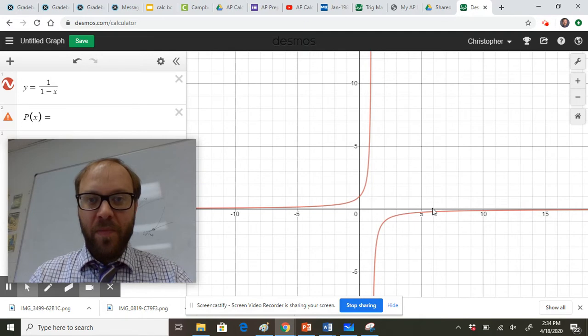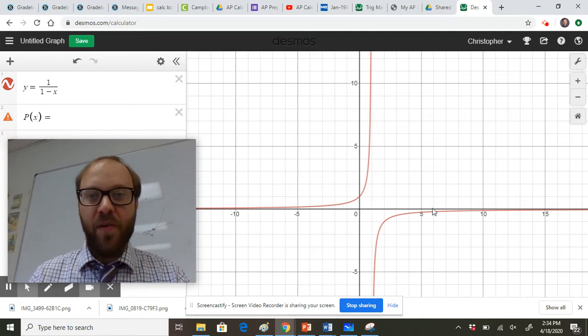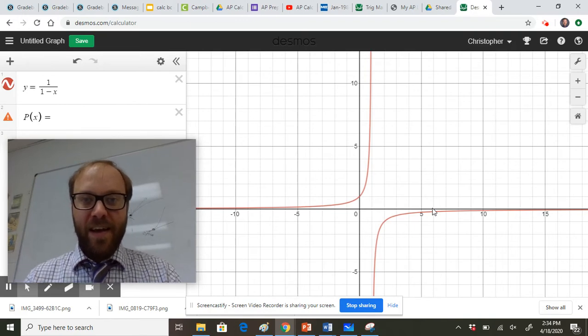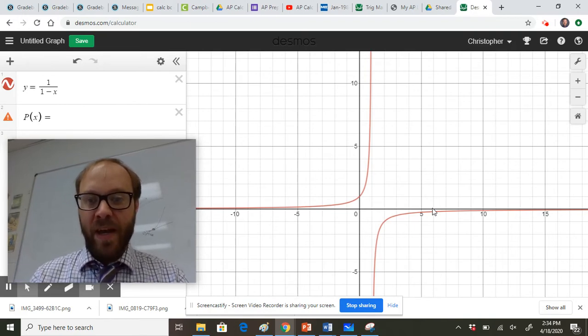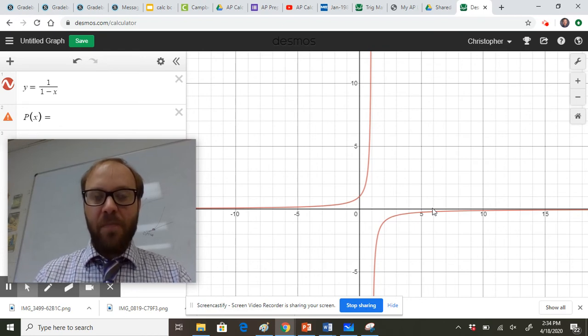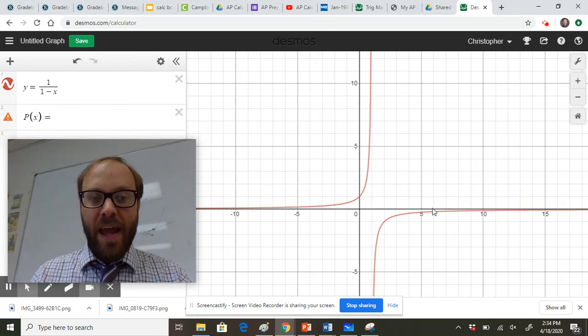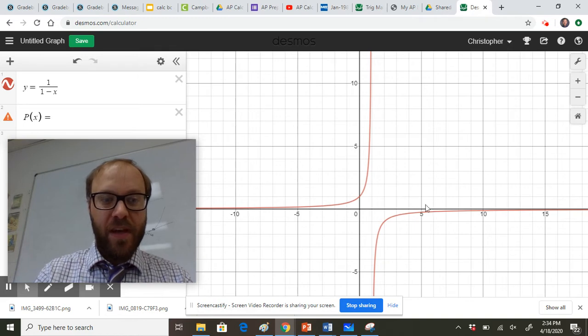When we added up 1 plus 10 squared plus 10 to the third plus 10 to the fourth and so on, it added up to infinity. And our formula told us we were supposed to get negative 1/9. So this actually only works for values that are near 0, specifically in the range between -1 and +1. And the more terms you use, the more accurate your series representation is going to become.